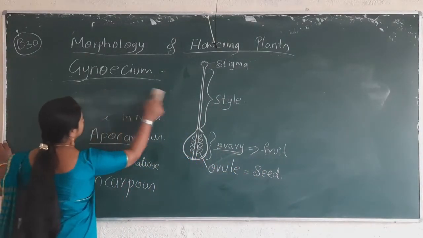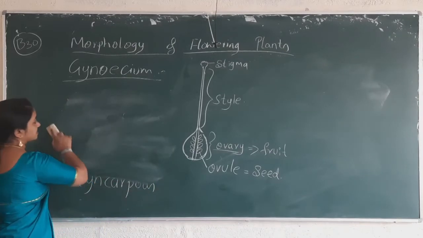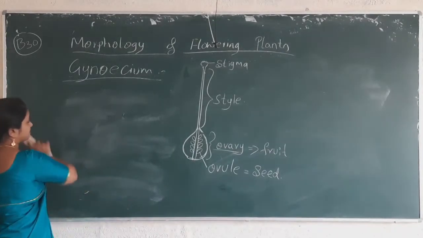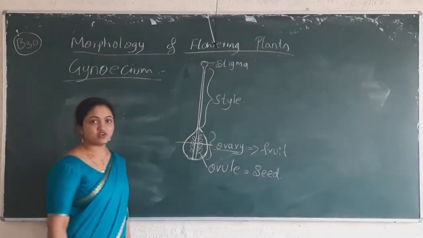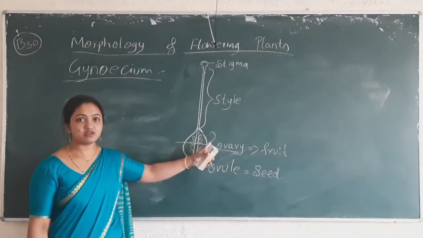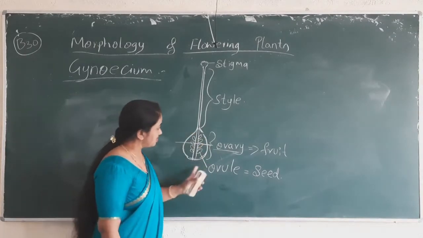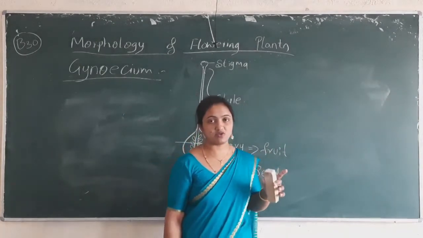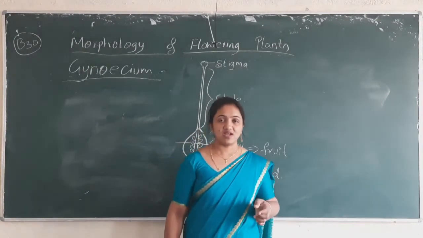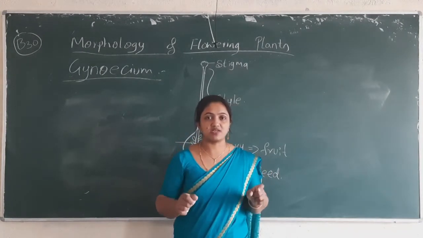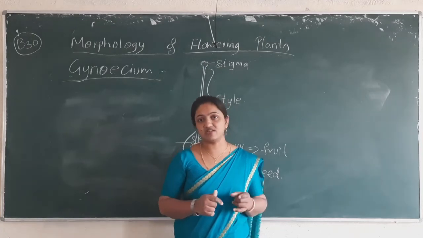Now, the next concept I will teach you is the transverse section of the ovary. How does it look? If you are free at home, just select some flowers and try to separate the calyx, corolla, androecium and gynoecium.